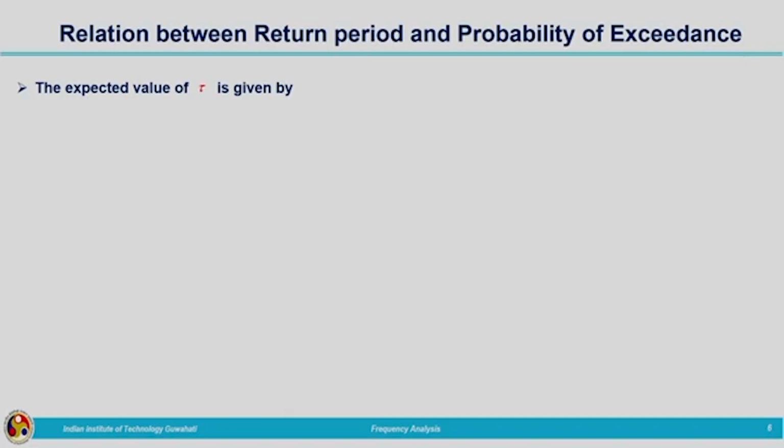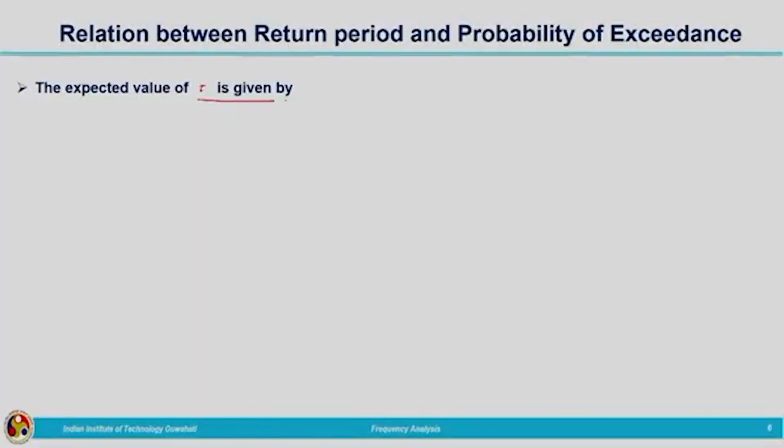Expected value is the mean. When we talk in terms of descriptive statistics, it is the mean of that particular event. So, the expected value of tau is given by E of tau is equal to capital T, that is the return period, is equal to the sum from tau equals 1 to infinity of tau multiplied by 1 minus p to the power of tau minus 1 times p.